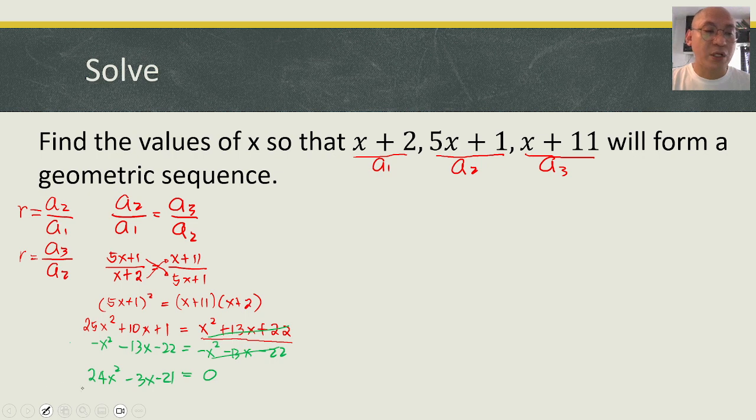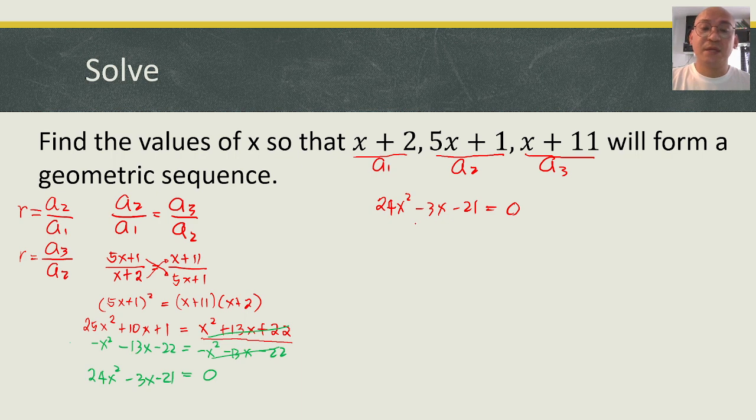So this is our new equation: 24x squared minus 3x minus 21. We are getting closer to finding the values of x. Take note, since we have the highest exponent of 2, we have two values of x. Before we proceed, check if this equation can be simplified.